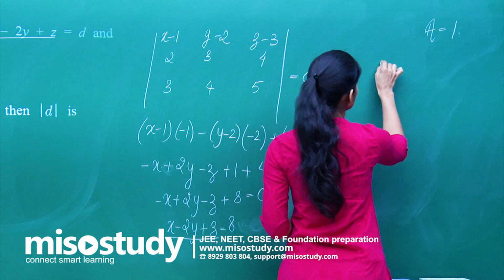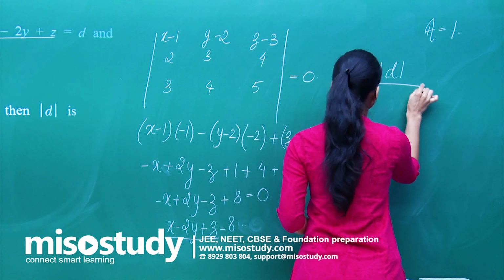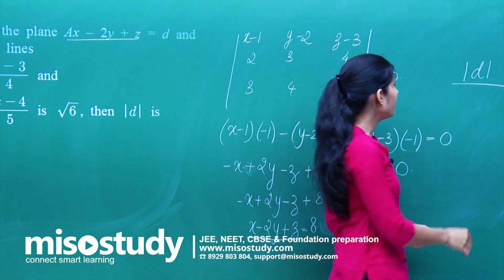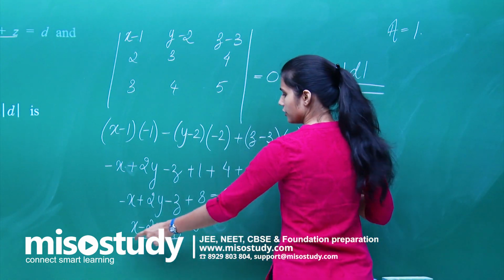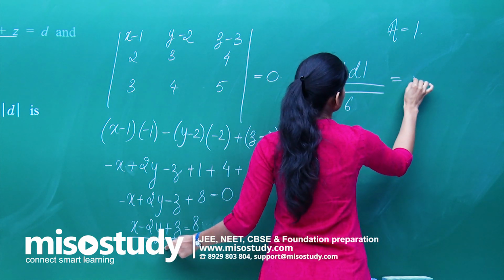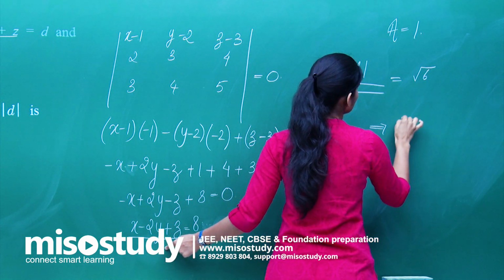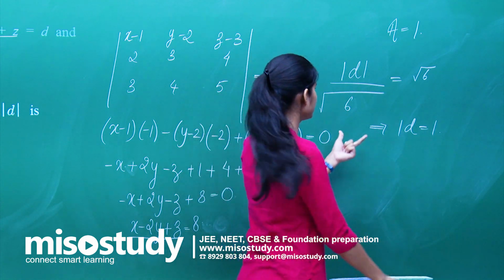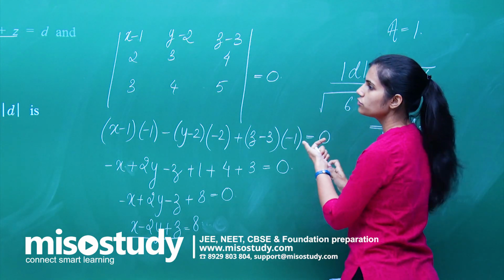So the distance is actually mod of d. D is given to you here. Mod of d whole upon under root 1 square plus minus 2 square plus 1 square, which is root 6. This is given to you as root 6, which implies this is what? This is given to you as root 6.